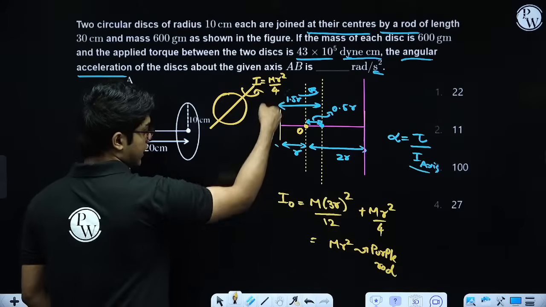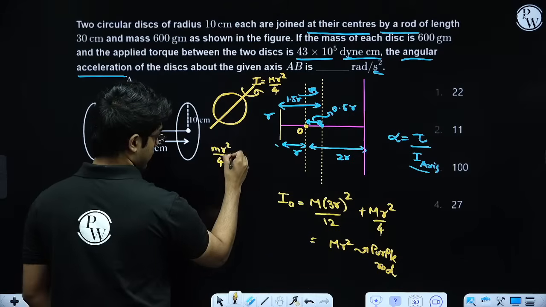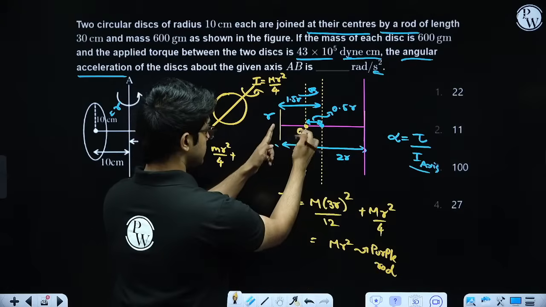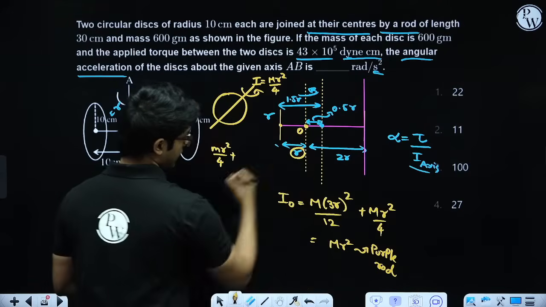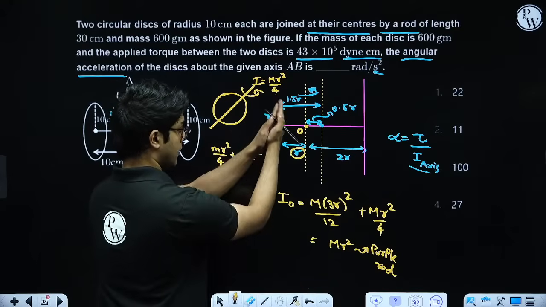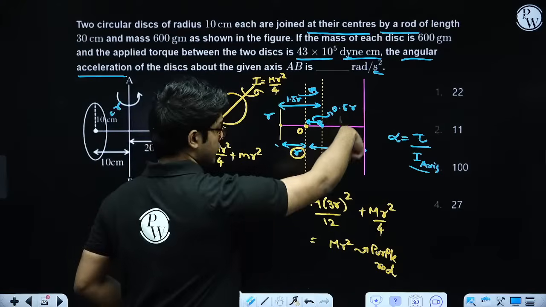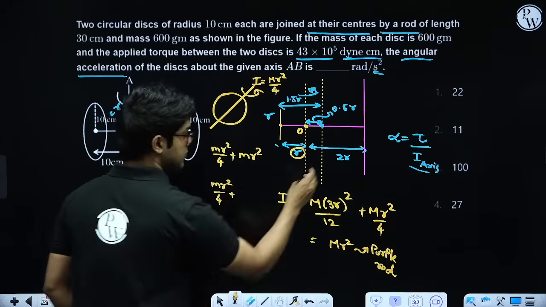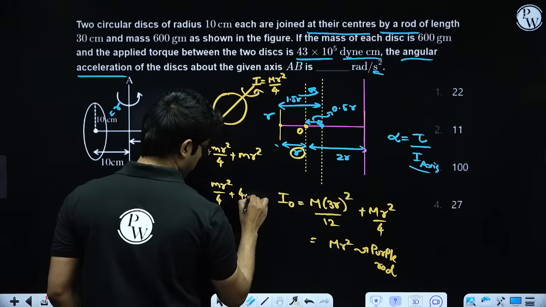So let's write it for this disc first. We have mr square by 4, which is the diametrical axis one, plus m into d squared. What is the distance between the axis and the center of mass of the disc? This distance is r, right? So plus mr square. This is the moment of inertia of this yellow disc about this axis O. Now for the other disc, it will be the mr square by 4 term plus m into d squared, but here the distance is 2r, so m into 2r squared, which will be 4mr square.